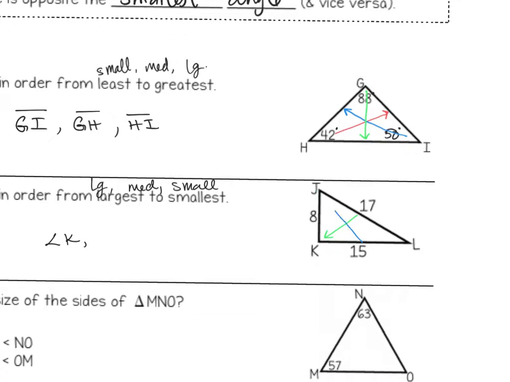That is opposite angle J, so that's my medium angle. And my smallest side is 8, JK. That's across from my smallest angle, which is angle L. So from largest to smallest, in order, I have angle K, angle J, and angle L.